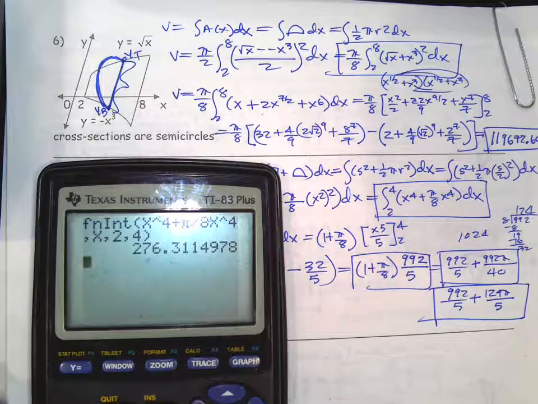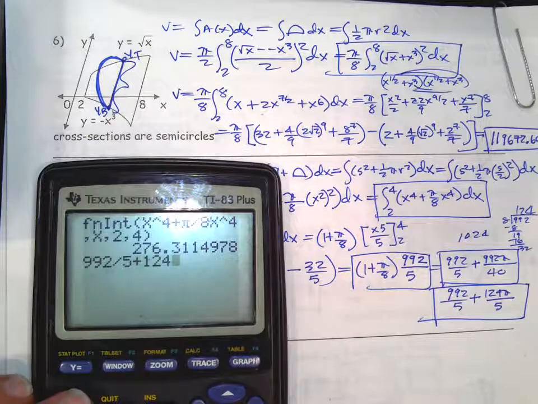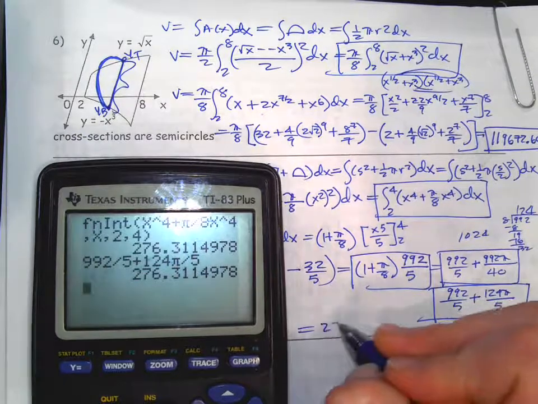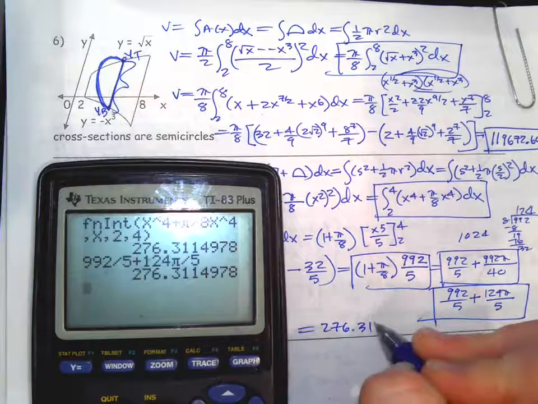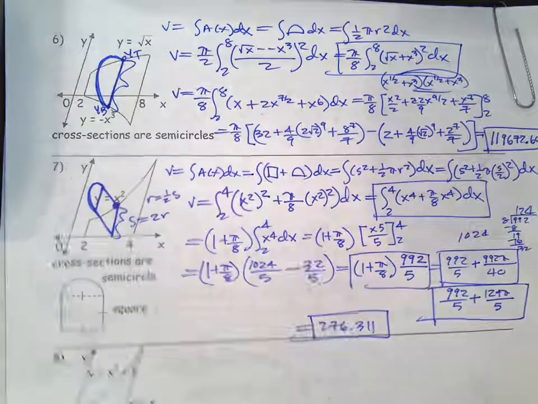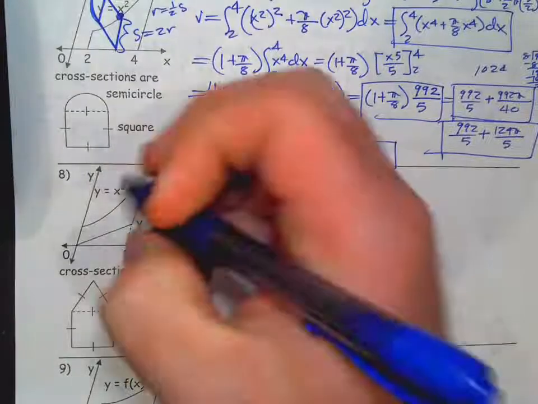That's what we get. Let's check our other. So 992 divided by 5 plus 124 pi divided by 5. Hey, same answer. 276.311. Round truncated comes out the same this time. All right. Okay. Getting close.